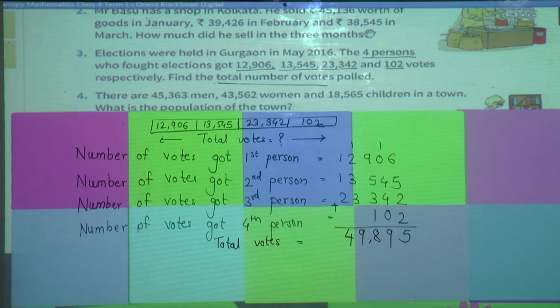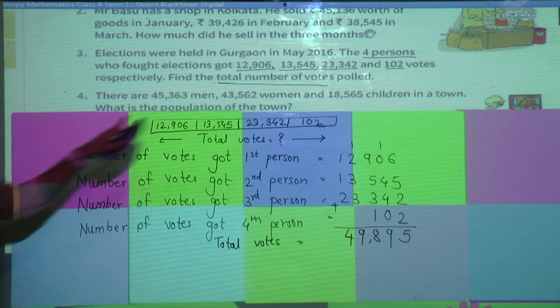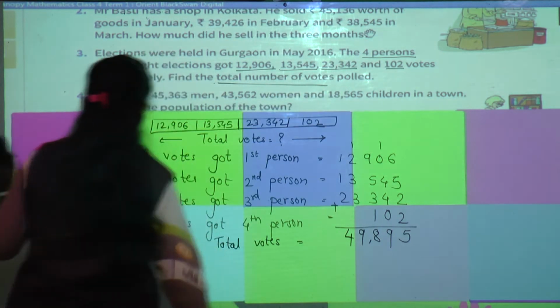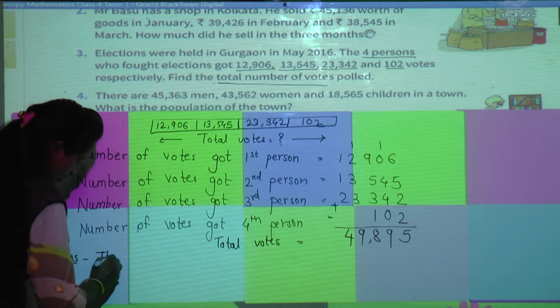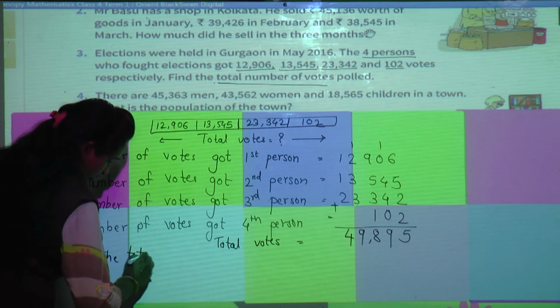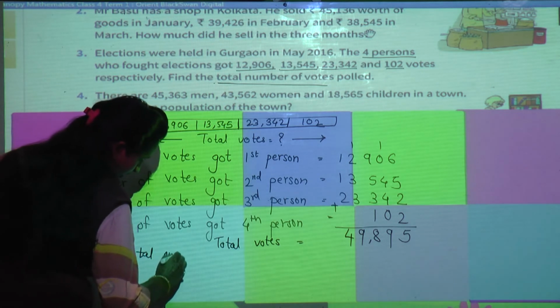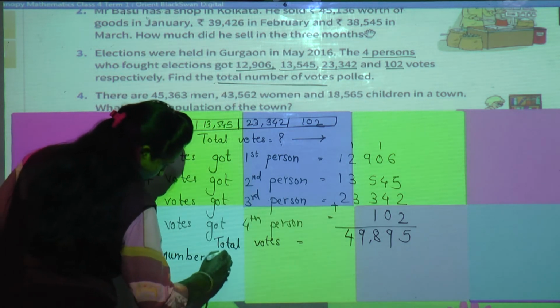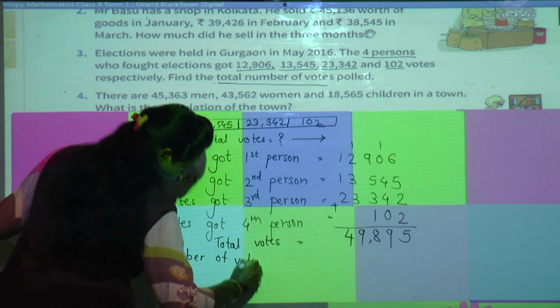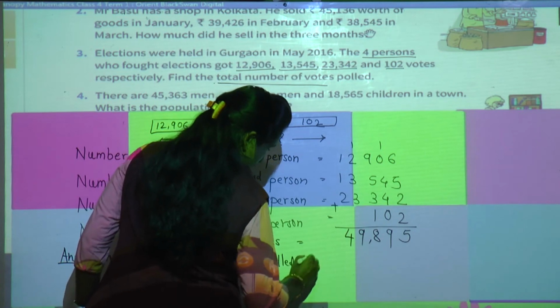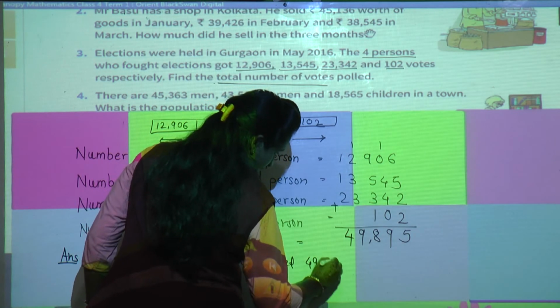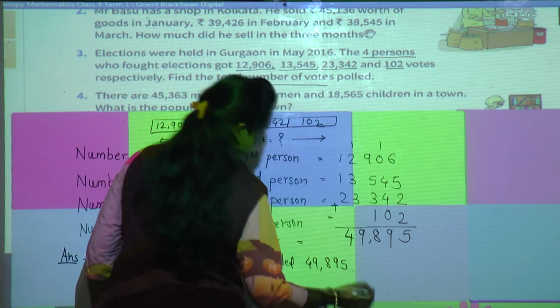Understood? So how can we write it in a sentence now? See, in the question they gave the total number of votes polled. So you can write here: the total number of votes polled is 49,895.